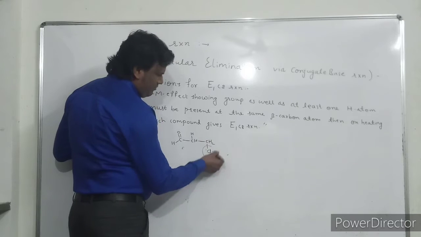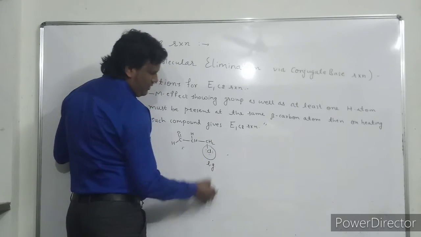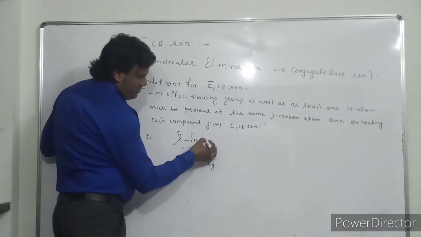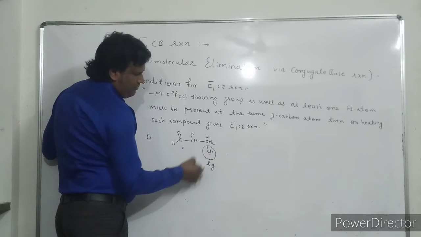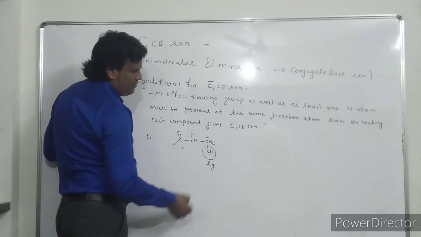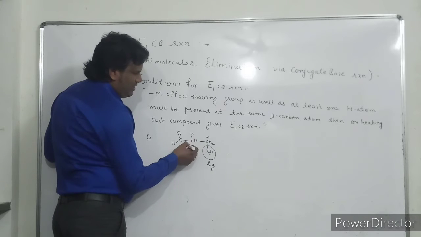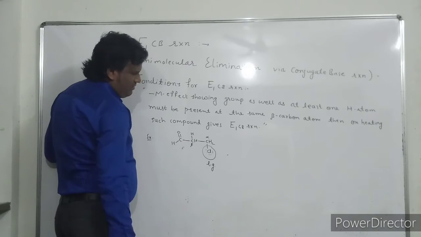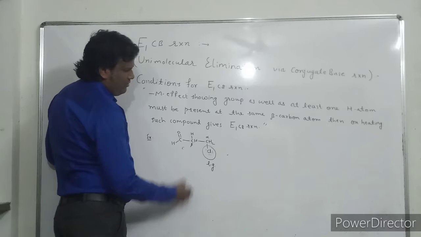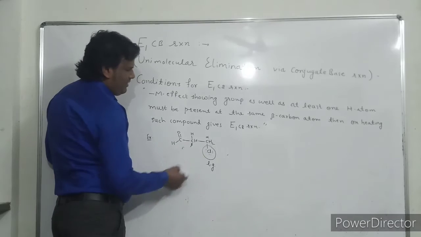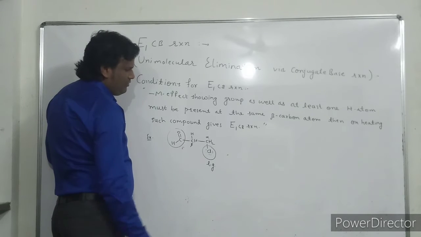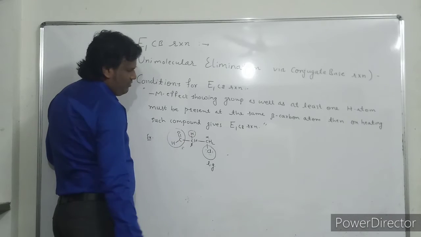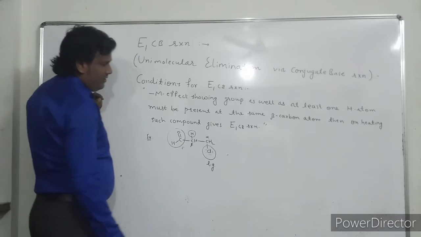This is the leaving group. It may be a poor LG or a good LG. The carbon atom on which the leaving group is present is called the alpha carbon, and the carbon adjacent to the alpha carbon is called the beta carbon. At this beta carbon, this is the minus M effect Z group, and there is one H also on the same beta carbon atom.